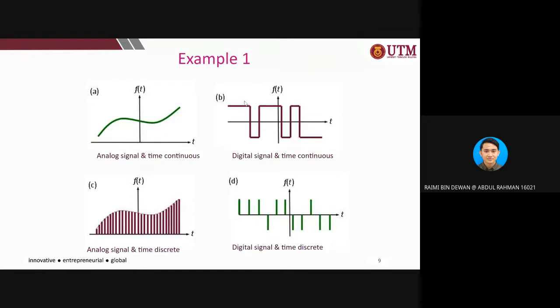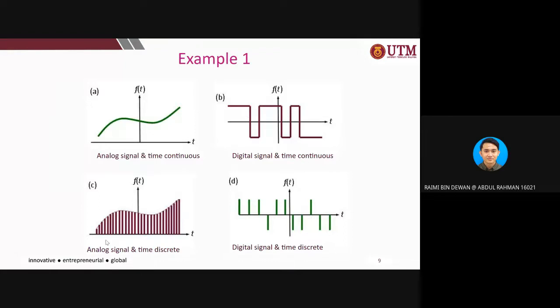Then B is a digital signal. We have only certain values, for example 3 and -3, and it is time continuous because we have the signal in a continuous time range.